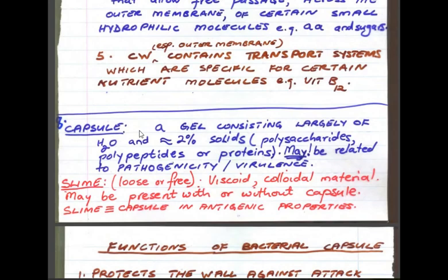Okay, but what is the point of this external protection? This capsule is mainly made up of water, but there are some solids, about 2% of solids. But for bacteria that always have this capsule, it is involved in pathogenicity or virulence.